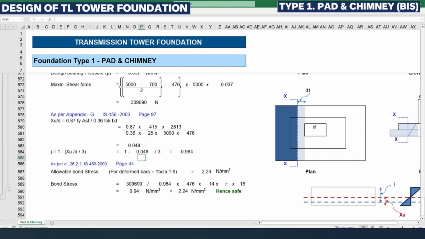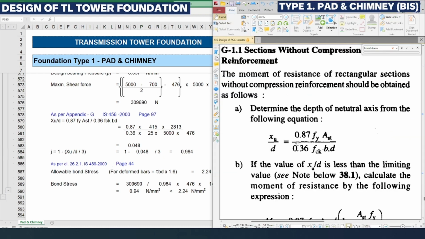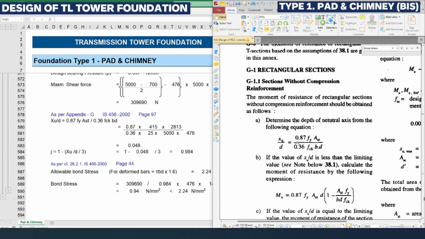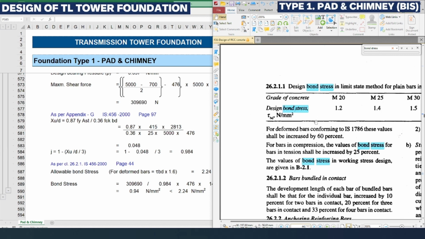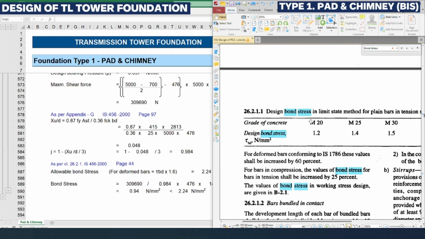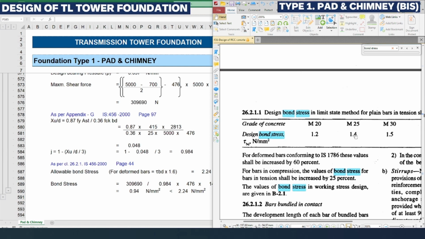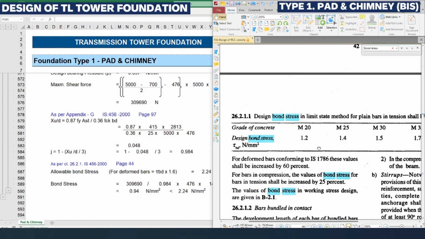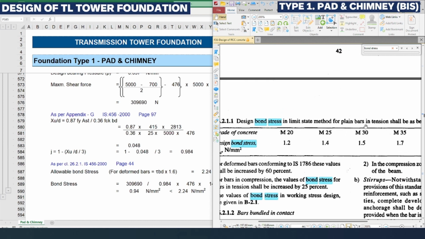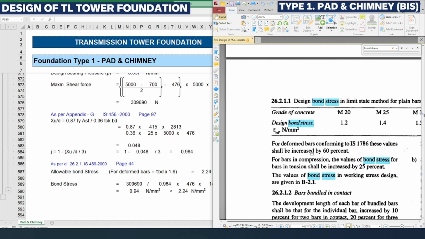allowable bond stress. For that we need to go to page number 44. Here you can see the design bond stress and limit stress according to the grade of concrete. For us it is M25, so 1.4 we need to consider. This bond stress is only for plain bars in tension.